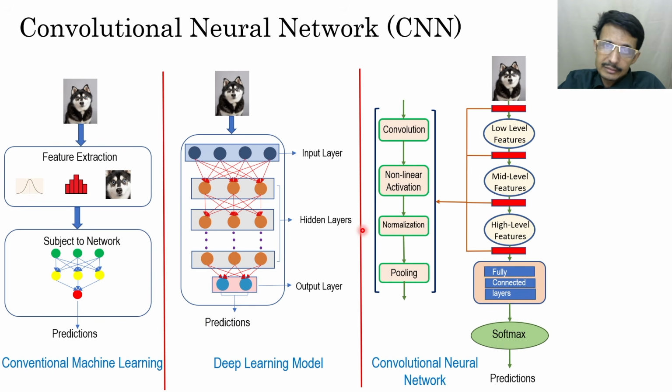Now, this is an example of a deep learning model, a convolutional neural network. As we explained earlier, there are basic modules for low level, mid level, and high level features. Another very important concept of deep learning is that we learn the features at different levels of abstraction.